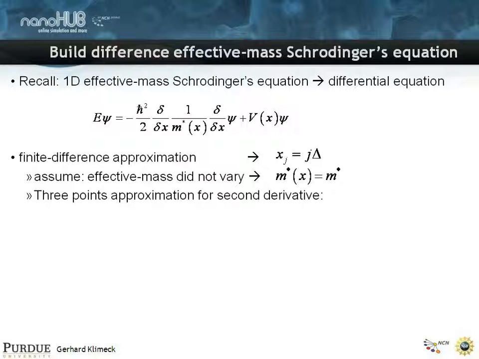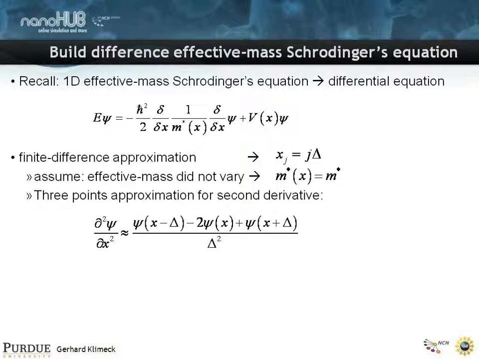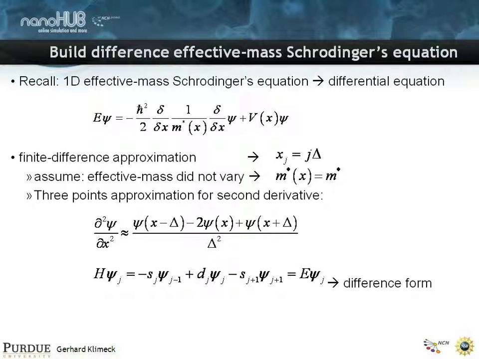You can take a 3-point approximation for the second derivative: one point to the left, minus 2 on the center, and 1 point on the right, divided by delta squared. Standard finite difference discretization. If you write this in a matrix form, the wave function at j is coupled to the neighbor at j minus 1 through a coupling matrix element S, and j plus 1 to the right is coupled to another matrix element.